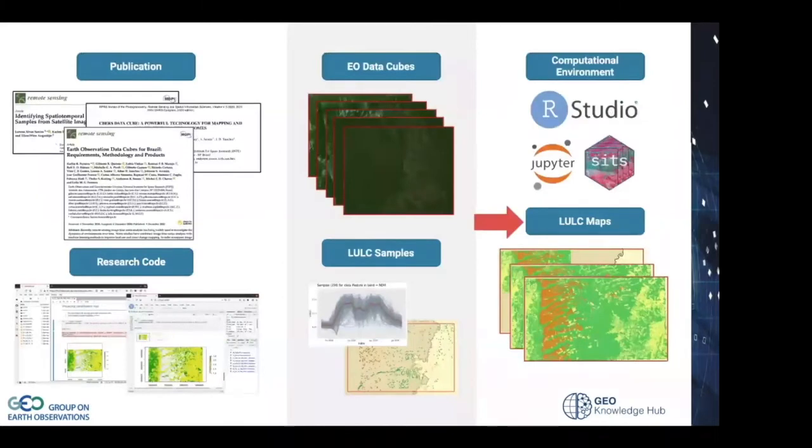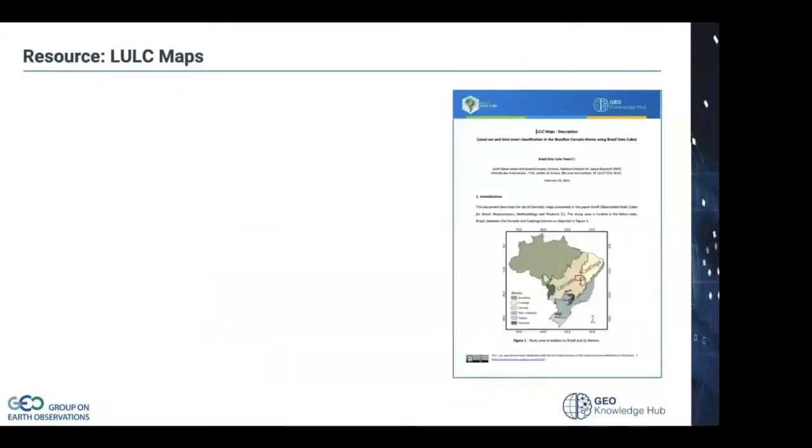The last resource developed describes the set of thematic maps that are output of the application. As I mentioned in the beginning of the presentation, the classification output of the multi-layer perceptron model used in this application is a raster with one layer for each land use class.